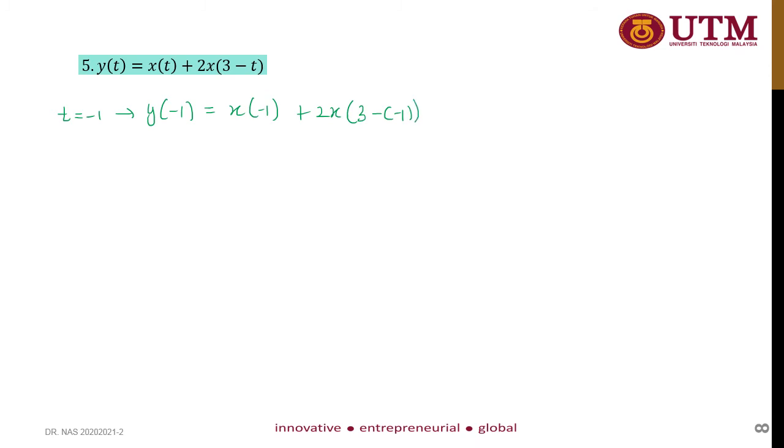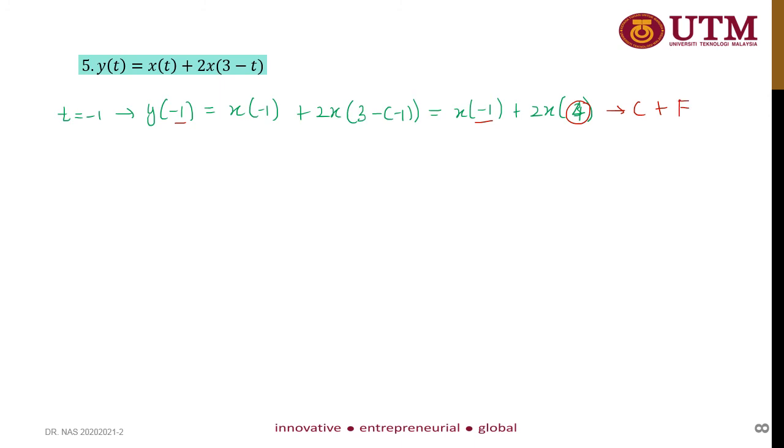So this is equal to x(-1) plus 2x(3 plus 1), equal to x(4). Okay, let's check the states. The current state is -1, plus the current state is -1, but here you have 4. So it is the future values.